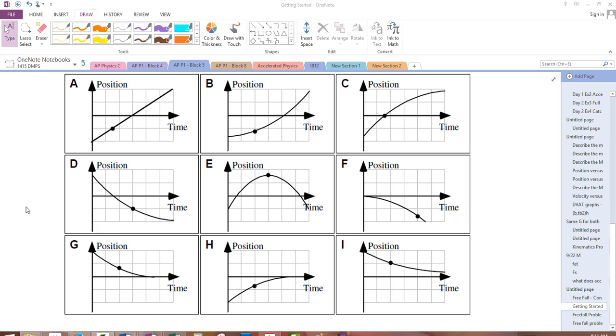Is the acceleration 0? Because the slope is constant. It says that we can't have an acceleration over 0.